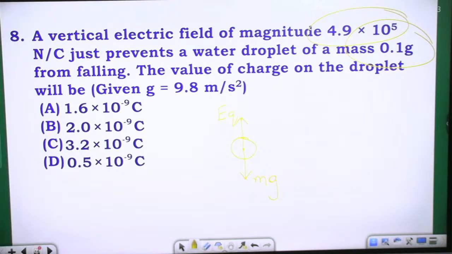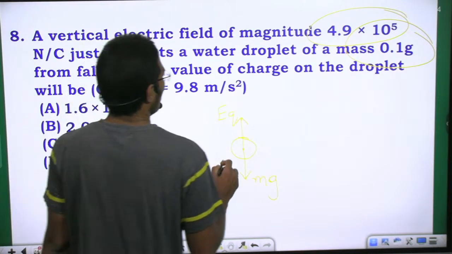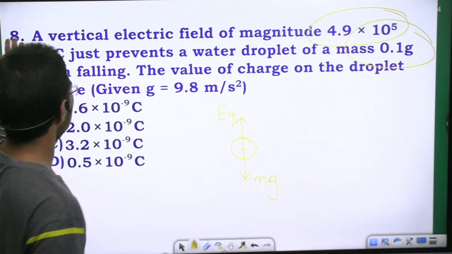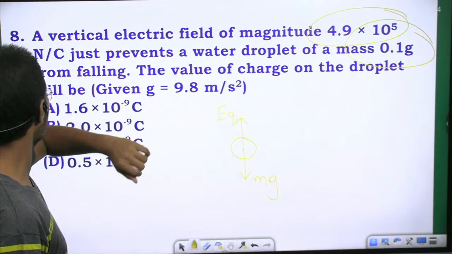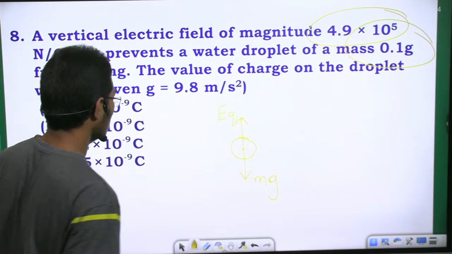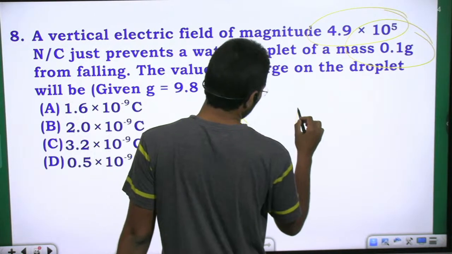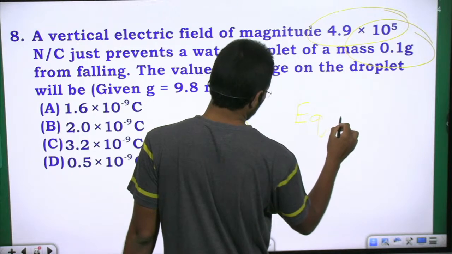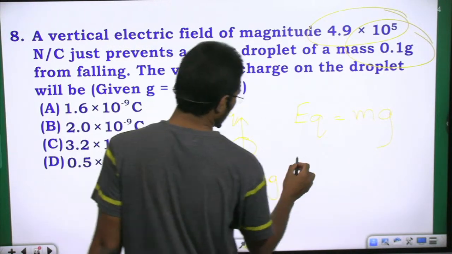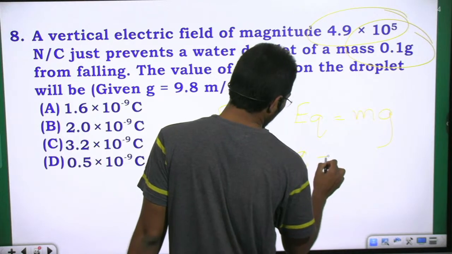See, as it prevents falling, the net force should be 0, right? So that's what we are trying to do. The value of E is 4.9 into 10 power 5. He's asking what is the charge, what is Q. So EQ is equal to mg.